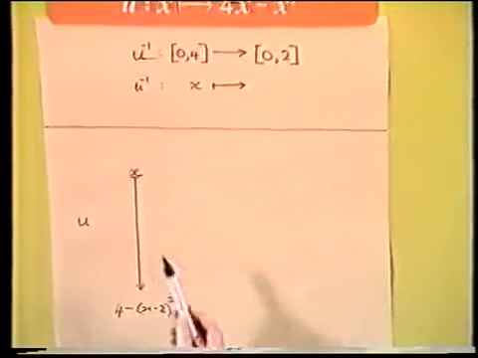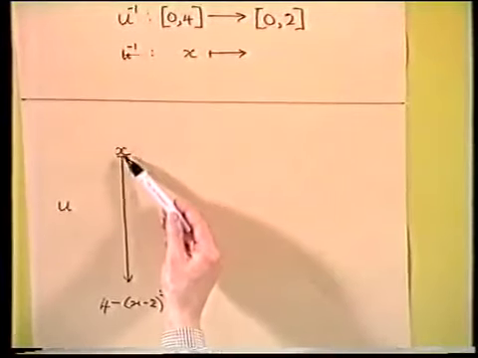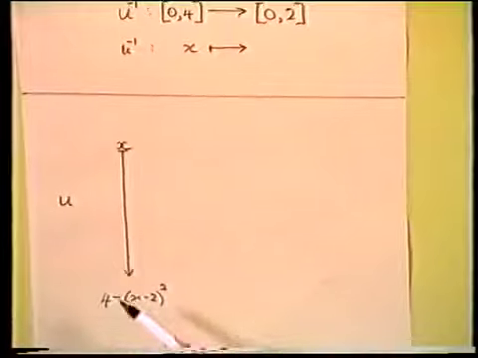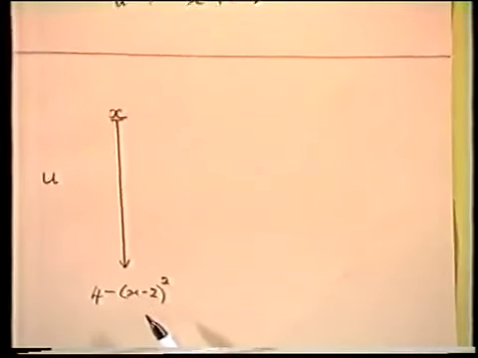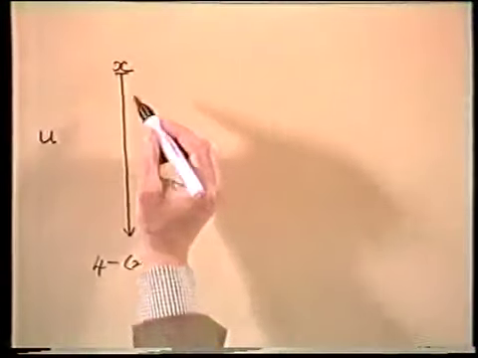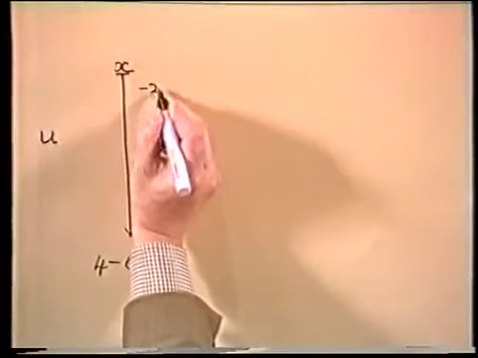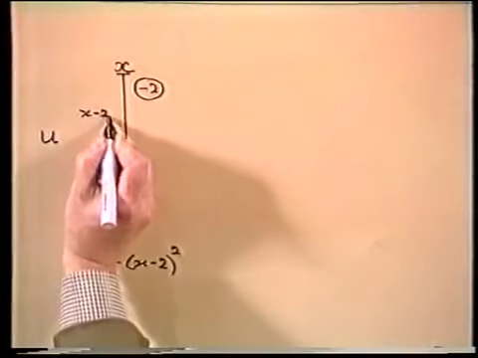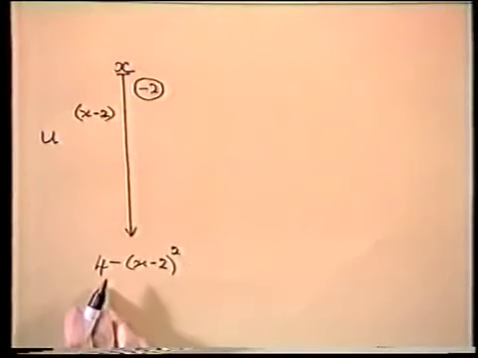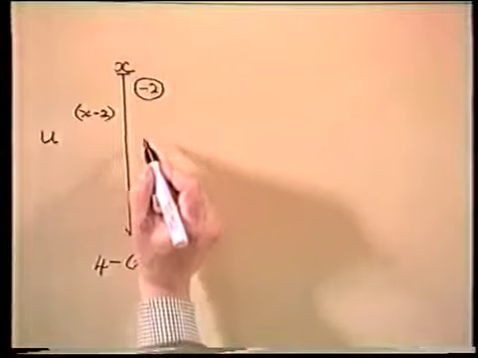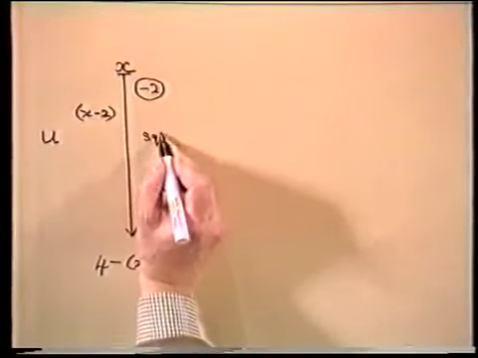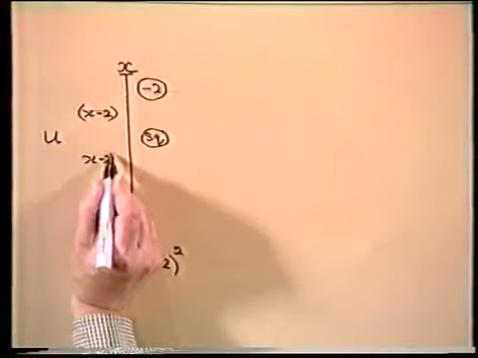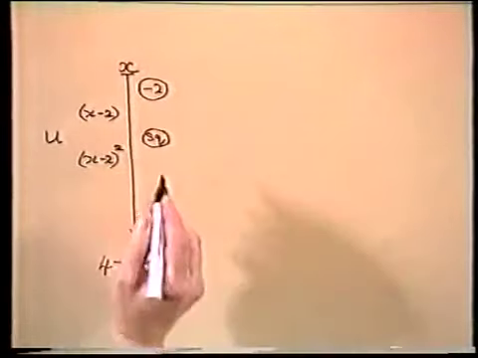So let's see how it actually calculates the output from the function u if we input x. And remember, we've got to calculate this expression. Well, the first thing we want to do is to subtract 2. That gives us x minus 2. Then we've got to square it. That gives us x minus 2 squared.